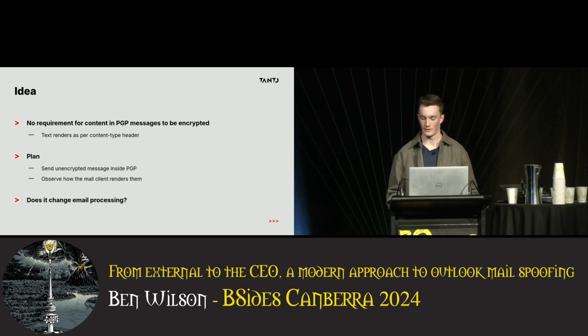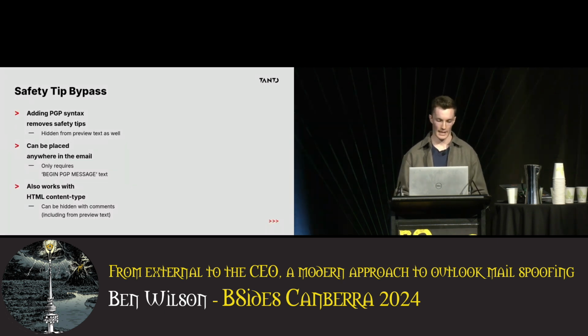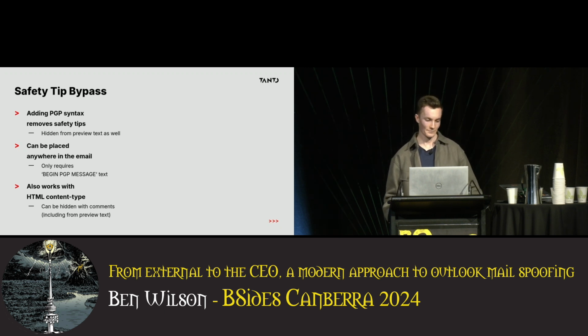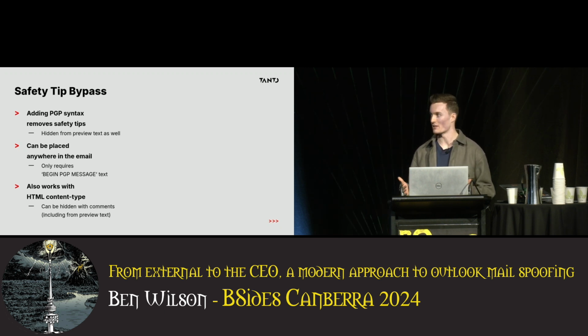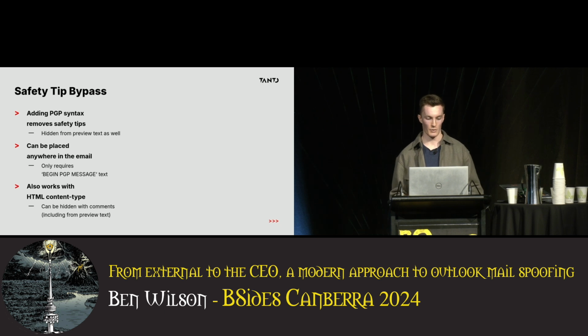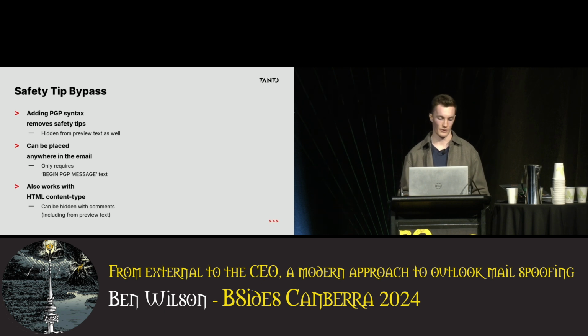So I decided to have a look into that, and I found a little thing. I found that adding that PGP syntax does actually remove the safety tips. They're not only hidden, they're never inserted into the email in the first place.